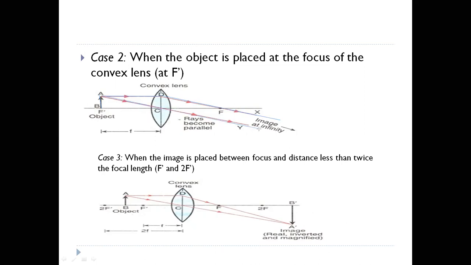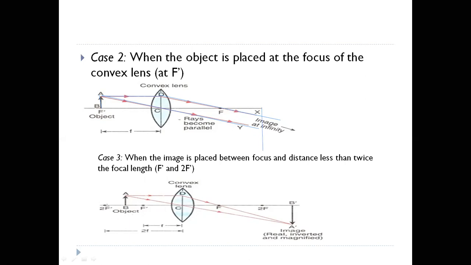Both these blue rays are parallel with each other, so the image is formed somewhere at infinity. In this case the image is real, inverted and highly enlarged, forming below the principal axis.